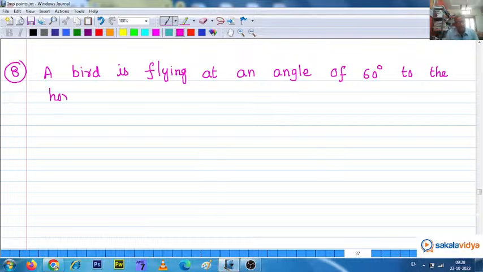Horizontal means with reference to the x-axis, parallel to the x-axis.